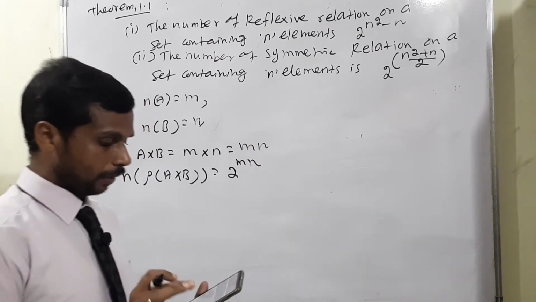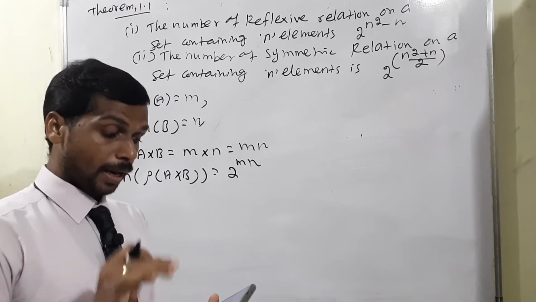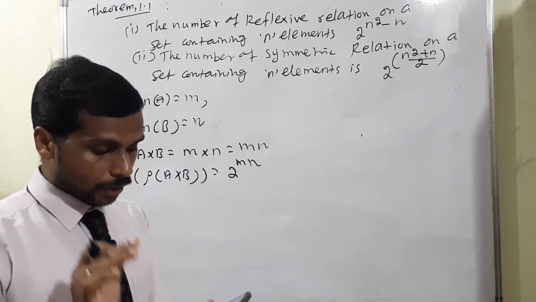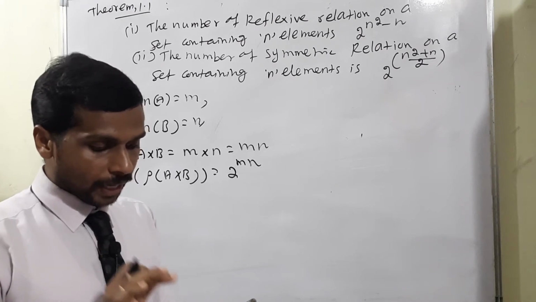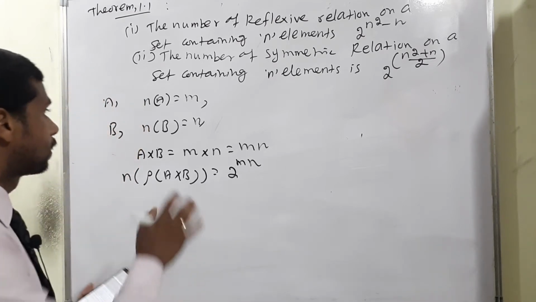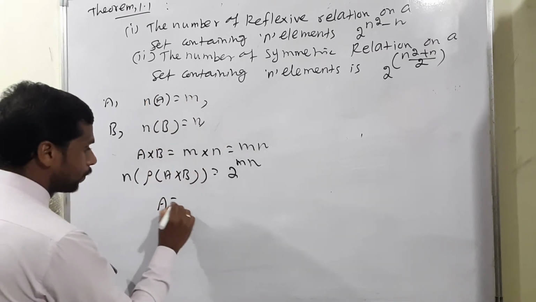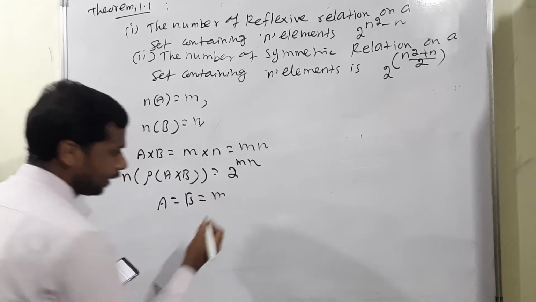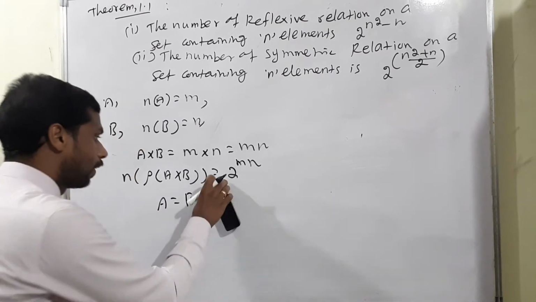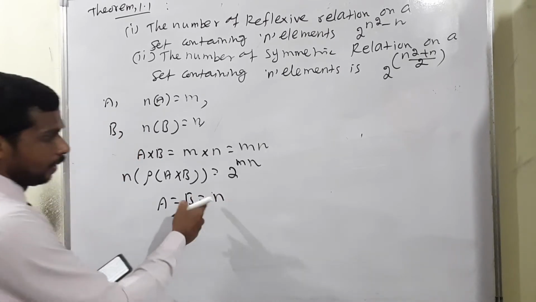Check it in your book. The given points clearly say the number of relations is 2 power mn. Then another condition is there. In particular, the number of relations on a set containing n elements means A is the same set as B. Therefore A is equal to B, with n elements.